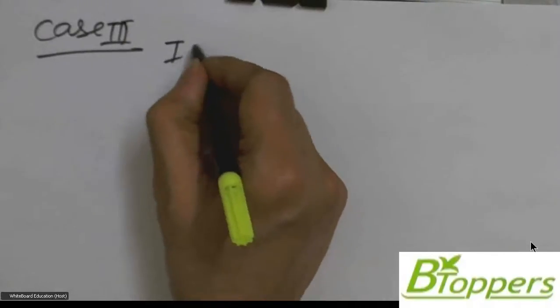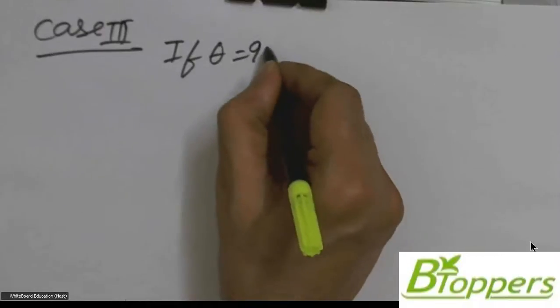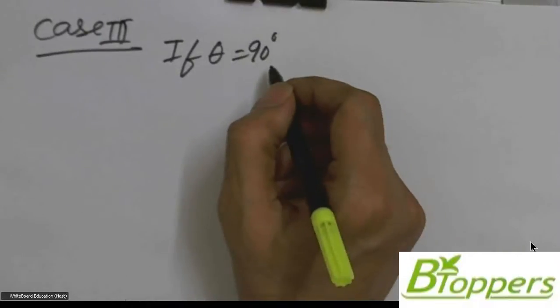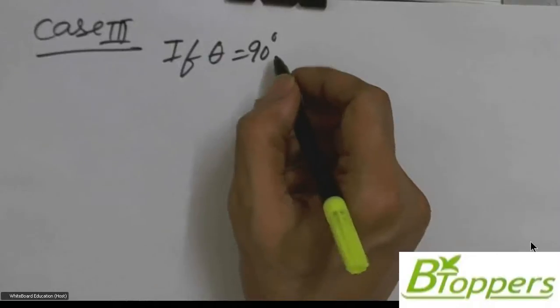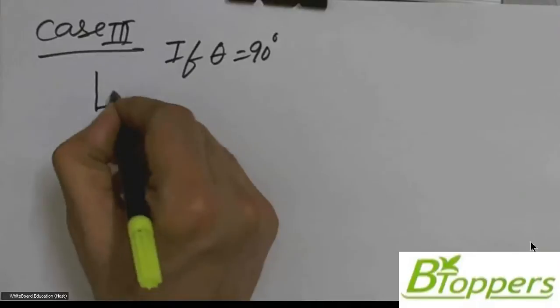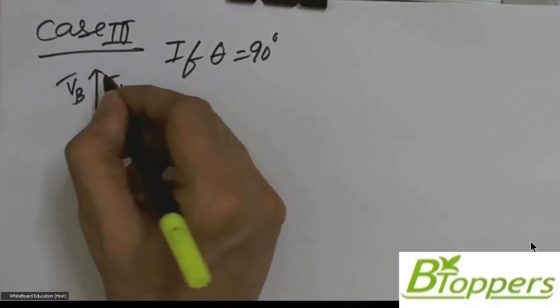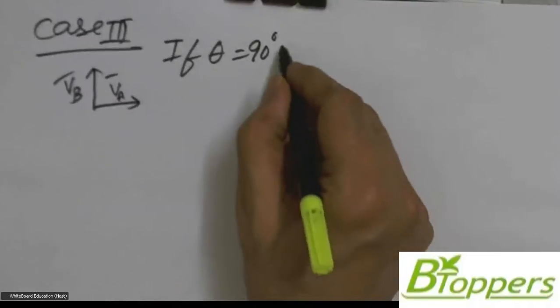Suppose the two bodies A and B are moving in perpendicular directions. Then the angle theta between the two velocity vectors VA bar and VB bar will be 90 degrees.